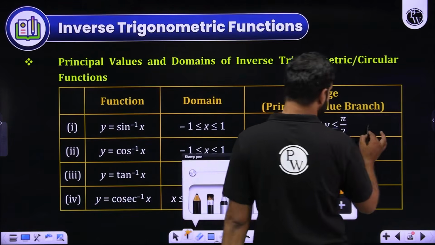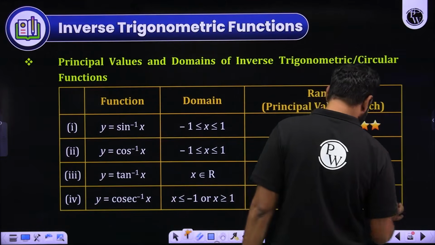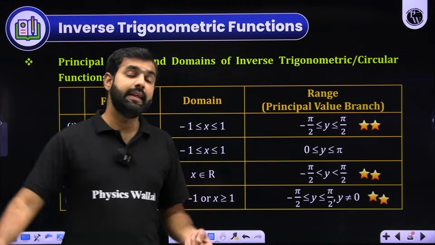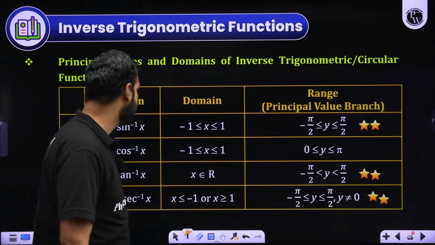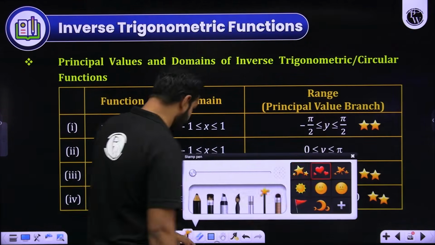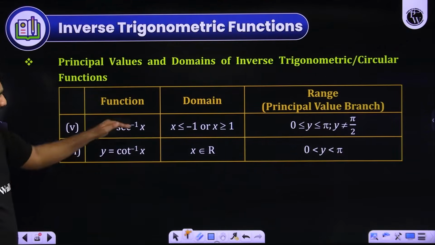Which three, students? Sine inverse x, then tan inverse x, and then cosec inverse x. And the other three are similar in a sense of principal value branch. What do I mean by that? Now look at these three. Which three, students? Cos inverse x, and then sec inverse x and cot inverse x.